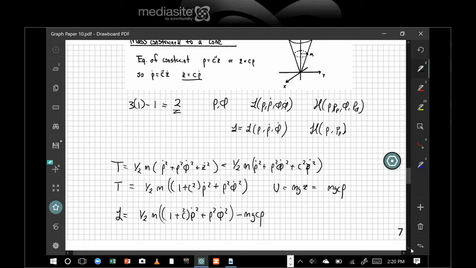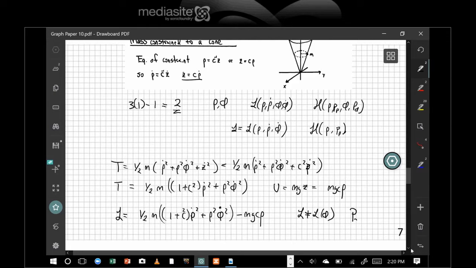Now, before I go any further, let's look at the functionality of the Lagrangian. As you can see here, the Lagrangian is a function of rho, rho dot, and phi dot. But the Lagrangian is not an explicit function of phi.